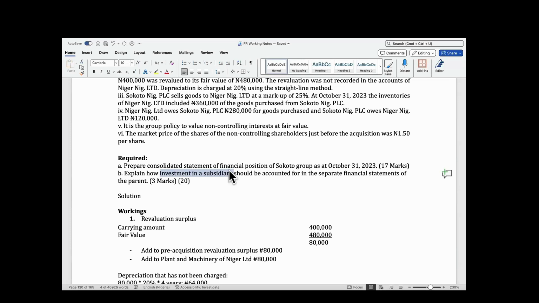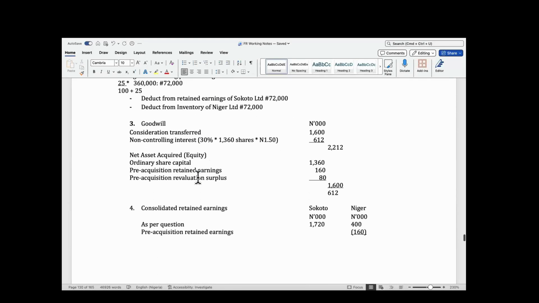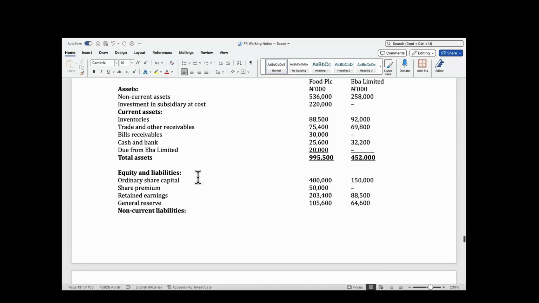So it's either measured at cost or measured in line with IFRS 9 at fair value. You need to mention that as well so that you can get your full 3 marks.